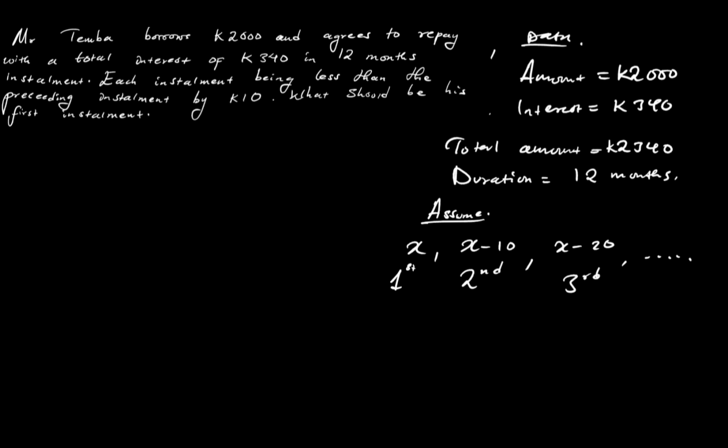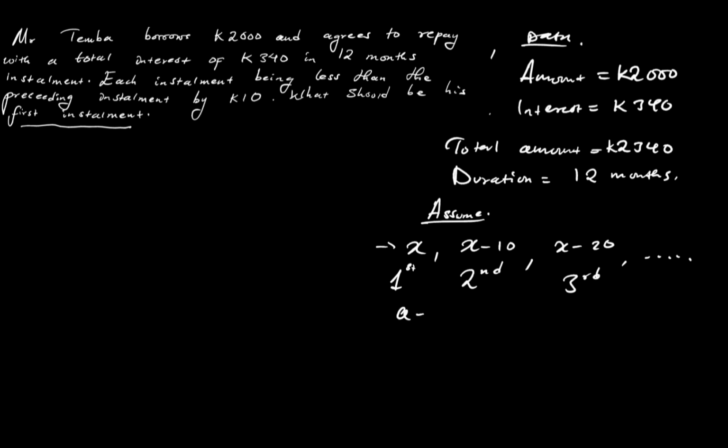Now, what does this tell us? Now, this tells us to say that if at all we have to assume an arithmetic type of application way, we can agree to say that if at all we need to find our data, then we know the total amount of money. But what is important for us to do is to know the first installment, which is the value of x in this case.